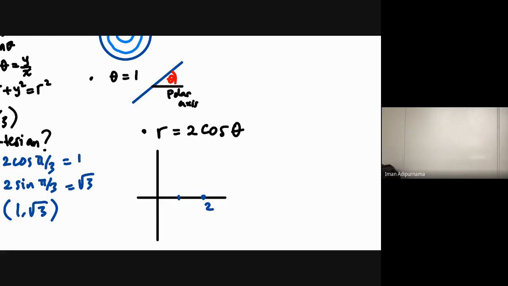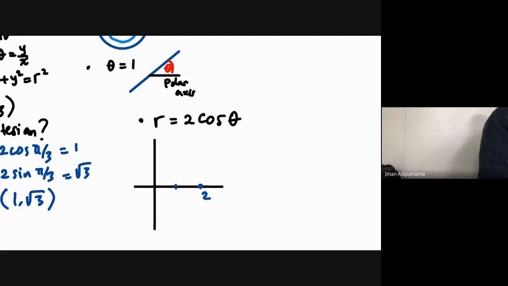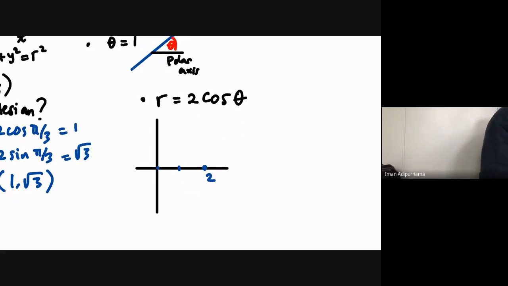So 2 is here, maybe 1 is here. And then pi over 2 is 0, so it's going back here. So by the end of the day, if you check all the special angles, you will have a circle. A circle for 2 cosine theta.